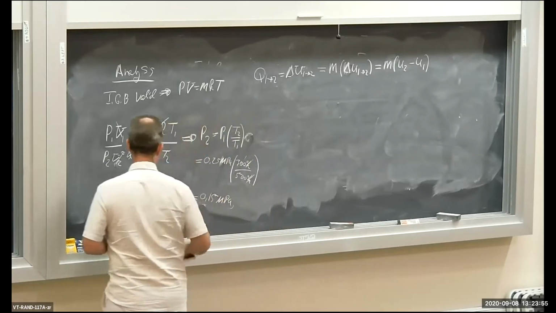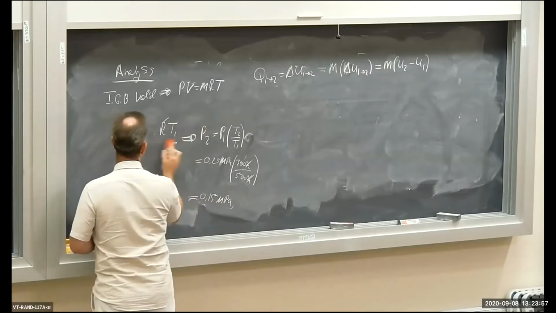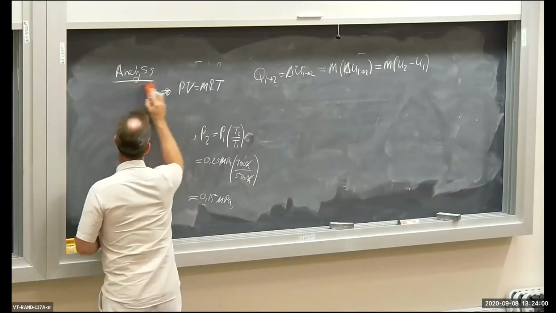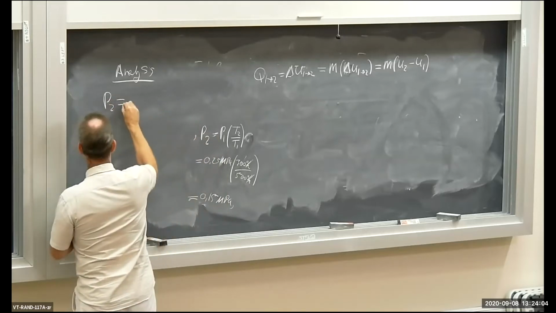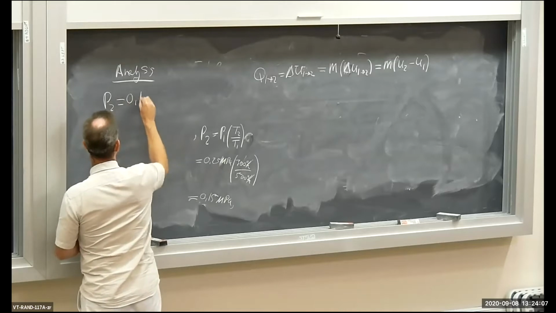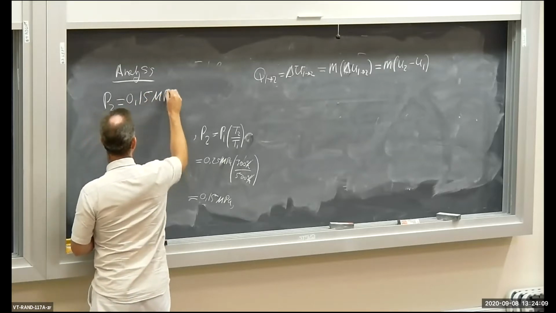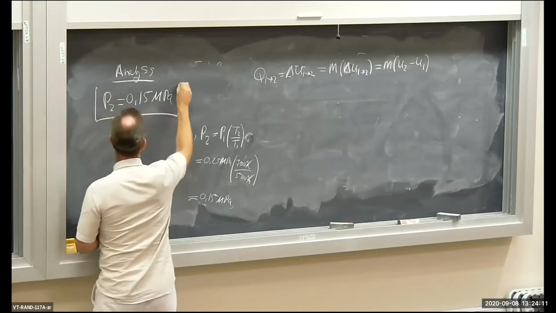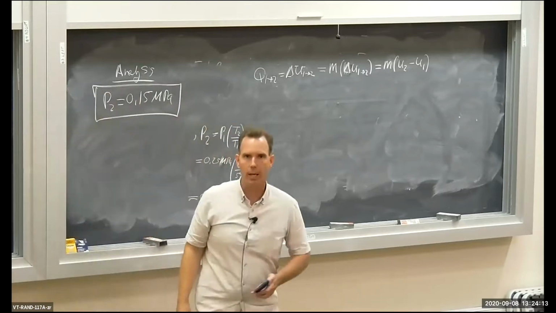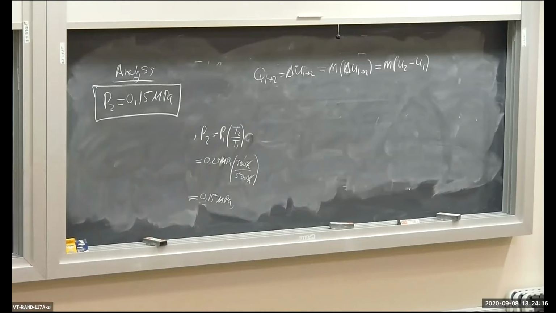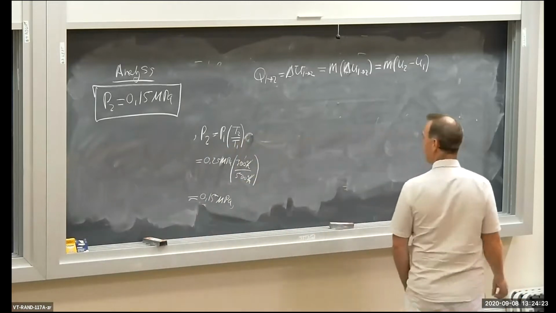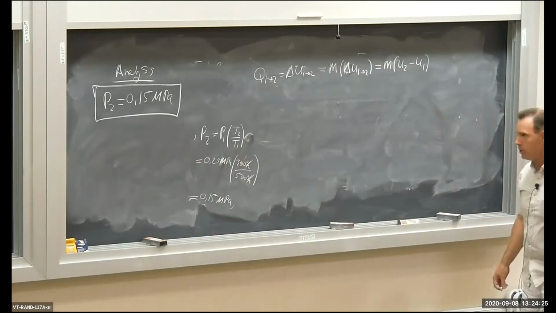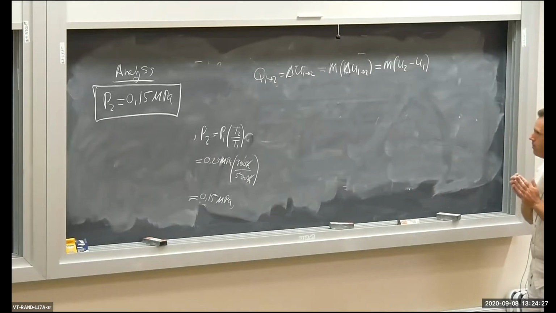So P2 equals 0.15 megapascals. Let's box that up. Okay, that's a fairly easy calculation. Notice I did a bunch of algebra. I tried to be a little bit smart with my algebra so that I didn't have to go through and, at least not yet, calculate m and R and all that sort of stuff. I just did some cancellations.